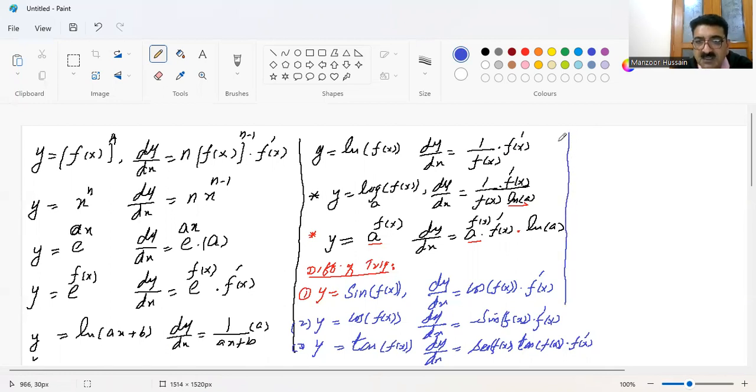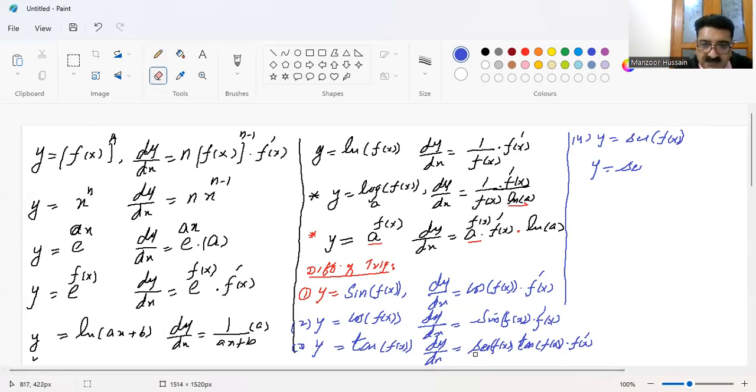Now we come to number four, the derivative of secant, y equals secant of a function. The differentiation of the secant of a function is the product of the secant. Very sorry, students.